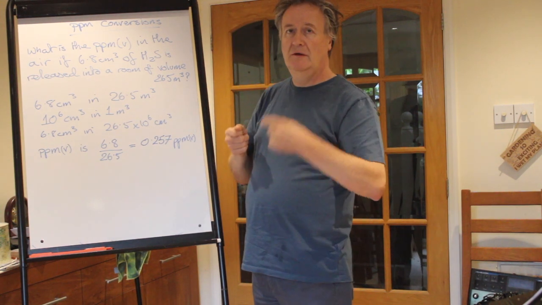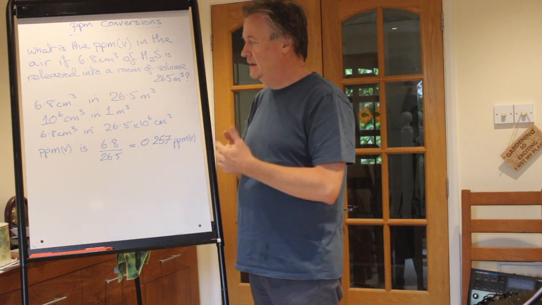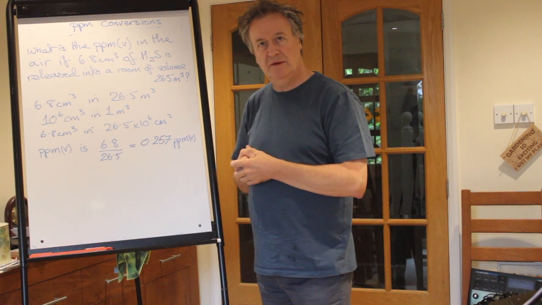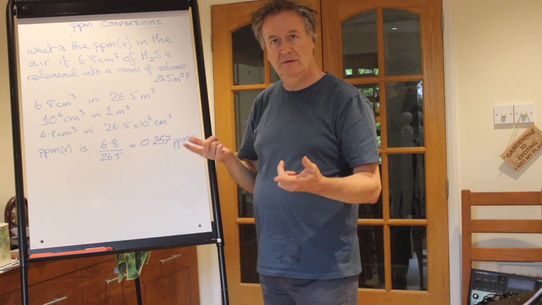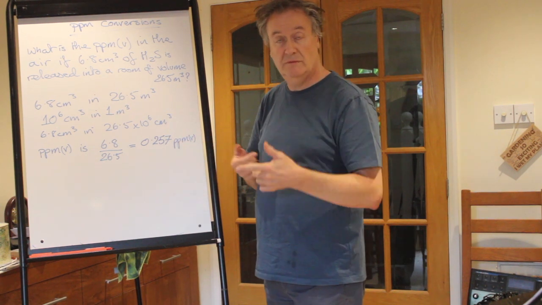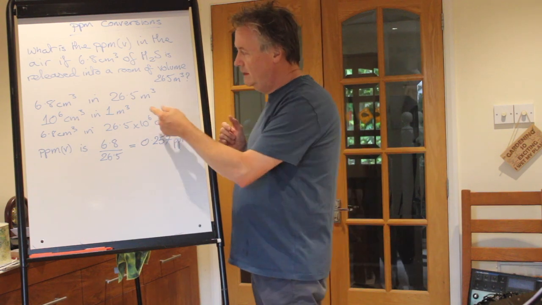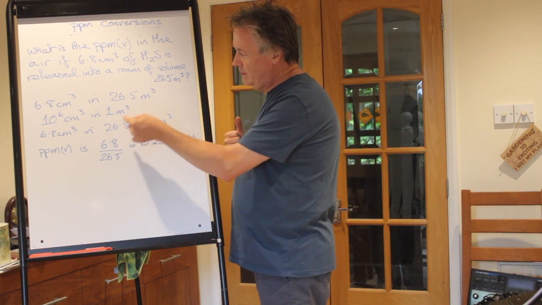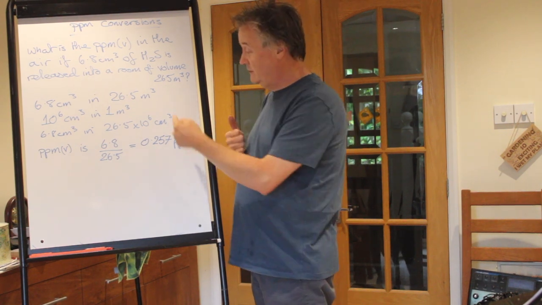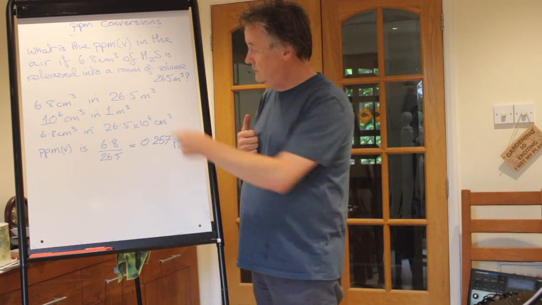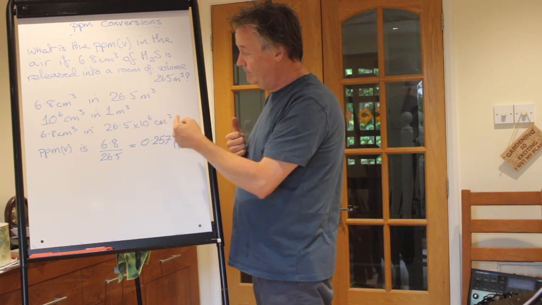Now there are, as we said earlier, 1 million cubic centimetres in a metre cubed. That's because a metre is 100 by 100 by 100, that's 10 to the 6. So 6.8 cubic centimetres in 26.5 times 10 to the 6 centimetre cubed, because those statements are the same.